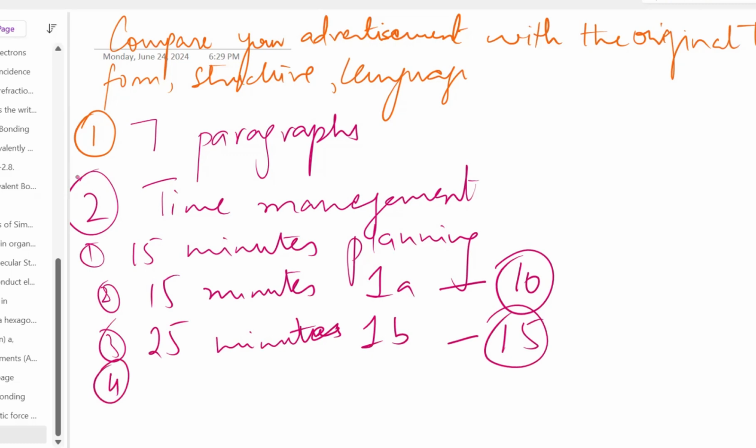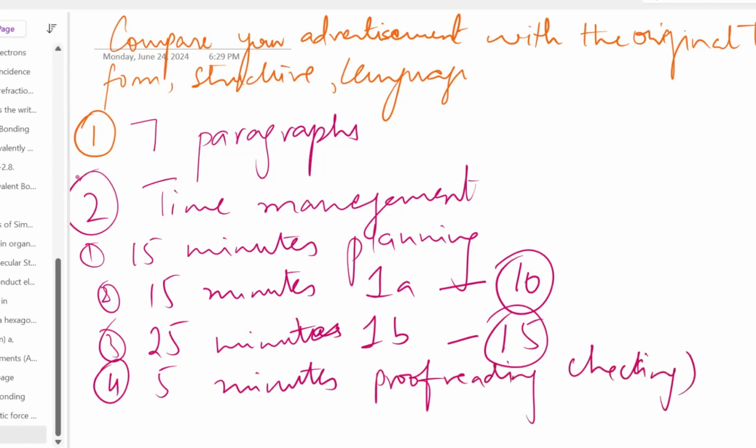You need to keep a watch with you, give 25 minutes to it, and then your 5 minutes will go for proofreading, rechecking. In other words, it's checking. You need to do it, and that's very, very important. But 15 minutes for the planning.